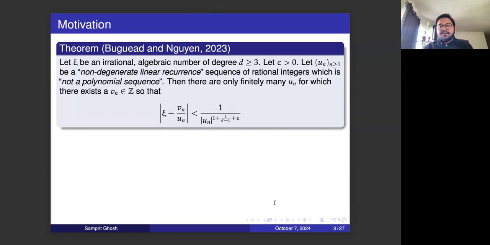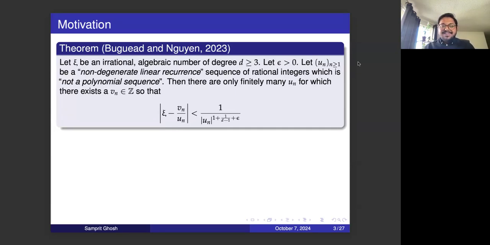If you have an algebraic number xi of degree d, and an epsilon greater than 0, and let u_n be a non-degenerate linear recurrent sequence of integers which is not a polynomial sequence, then there are only finitely many u_n for which |xi minus v_n over u_n| is strictly less than 1 over u_n to the 1 plus 1 over d minus 1 plus epsilon.